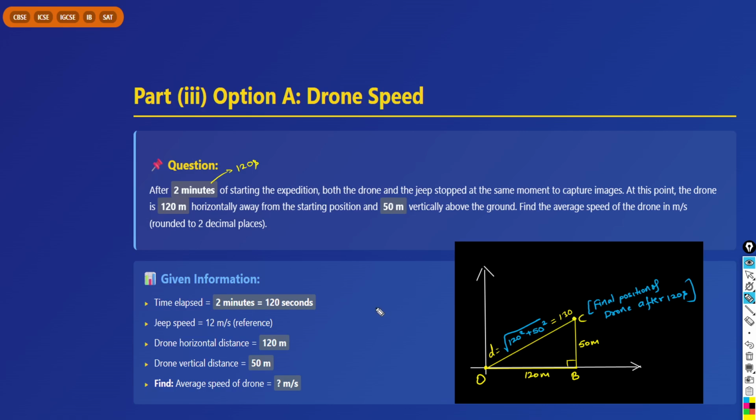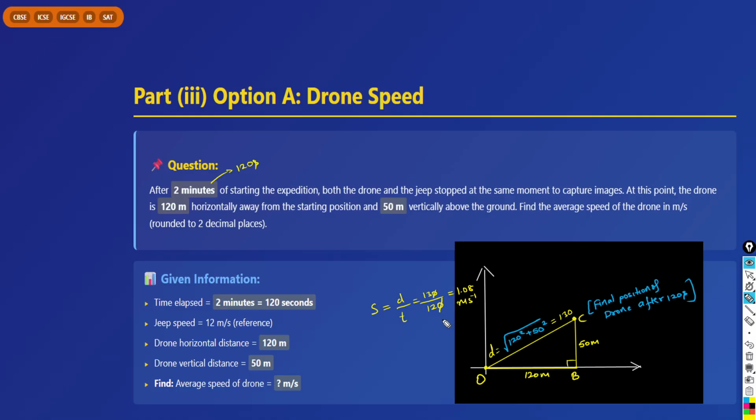The speed will be distance by time, that would be 130 by 120, so that would be 13 by 12. That would come out to be 1.08 meter per second.